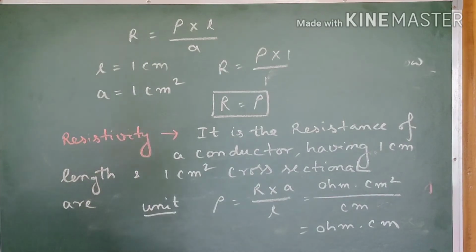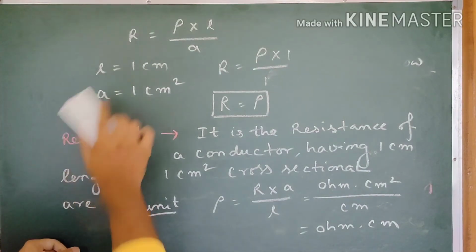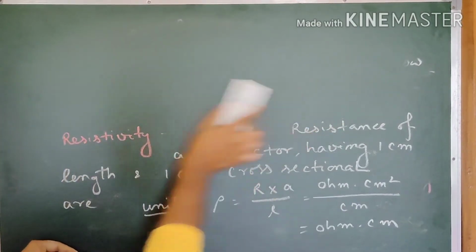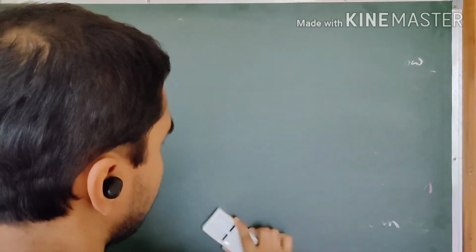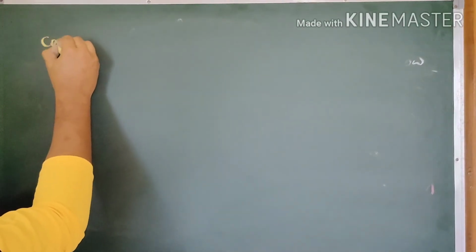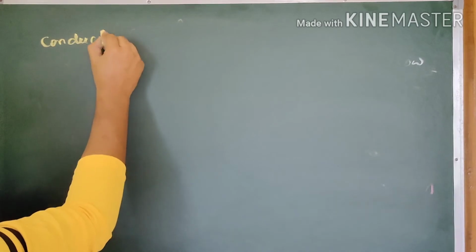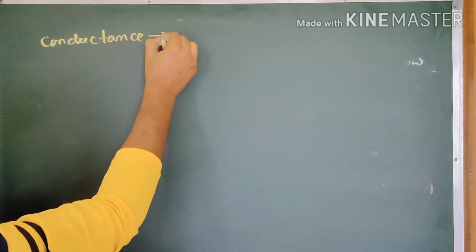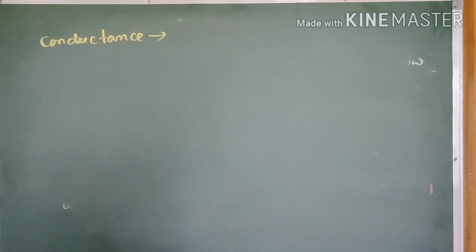Now we will talk about conductance. Next topic is very famous: conductance. So while writing what conductance is, let us first mention that it is a measure of the ease with which the current flows.